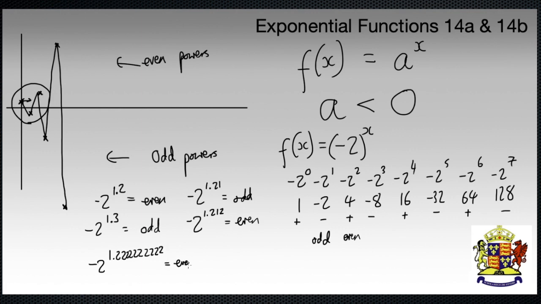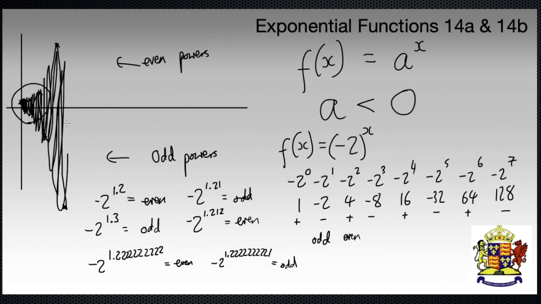That's an even point, whereas -2 to the power of 1.222222221 is odd. So that goes below the axis. So what I end up getting, if I was to try and join all these points, I would have a solid block like this. And even then I wouldn't have that.